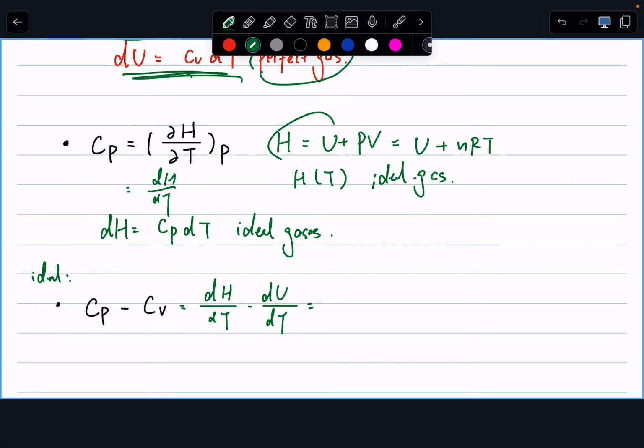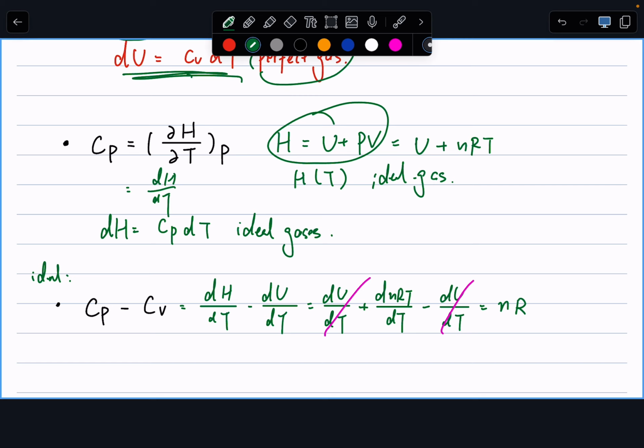We know H equals U plus PV, so we can write that as du over dT plus d(nRT) over dT, minus du over dT. Solving that equation, the du over dT cancels out, and you get nR.